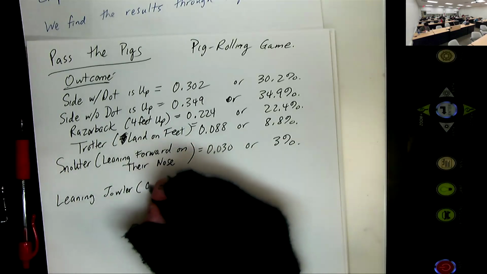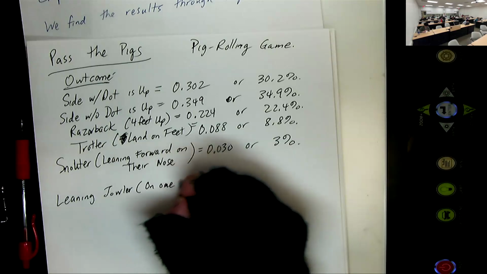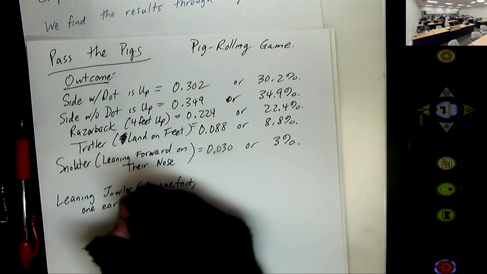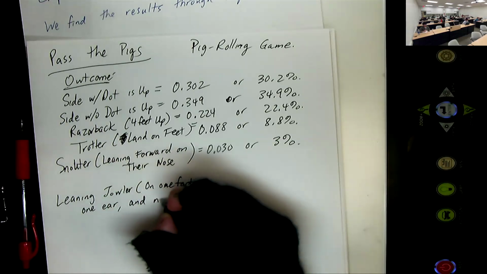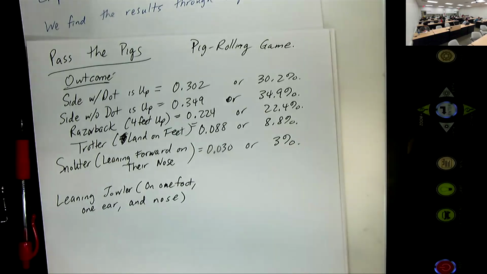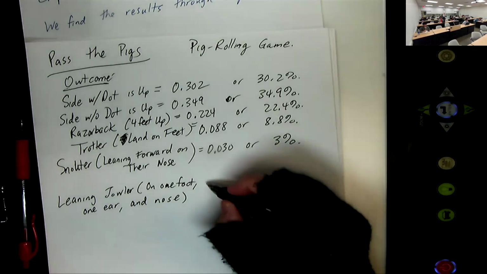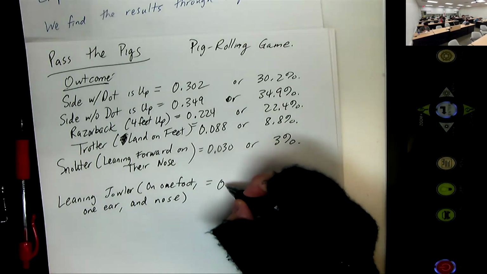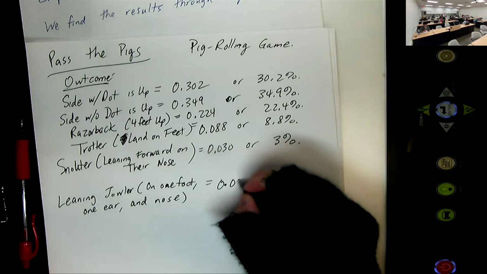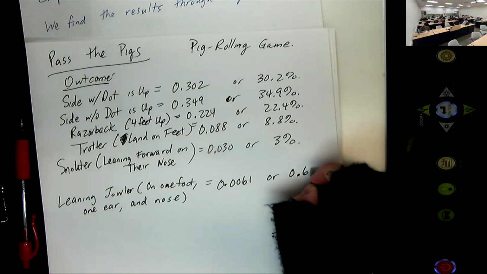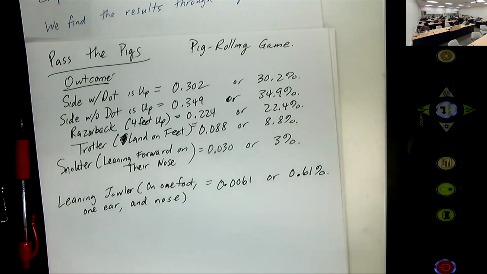They are on 1 foot, 1 ear, and nose. They're leaning forward, tipped on the side of their face. Jowl is your cheek, so it's like they're leaning on their cheek. This happens 0.0061 or 0.61% of the time. Less than 1% of the time.